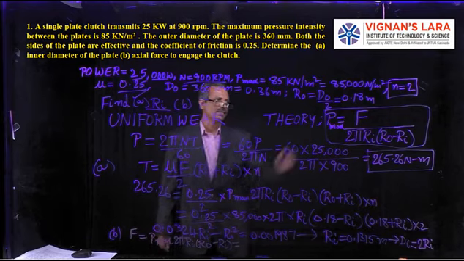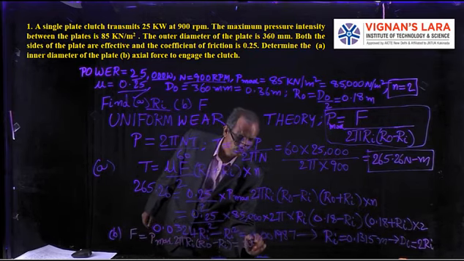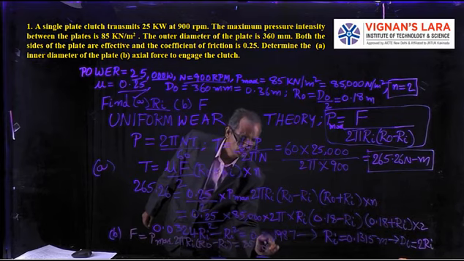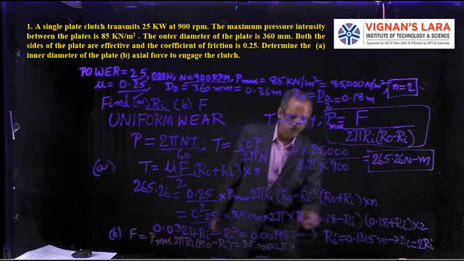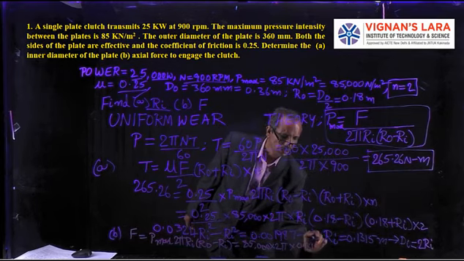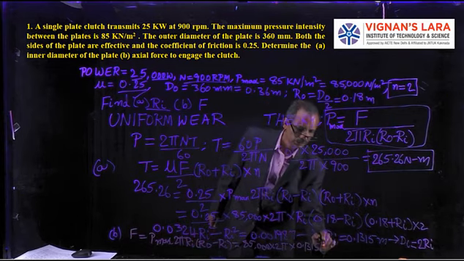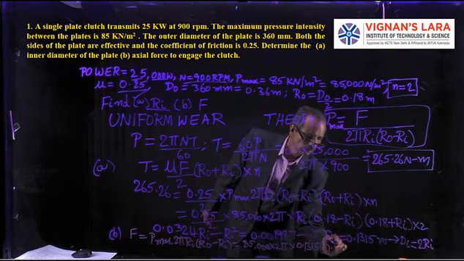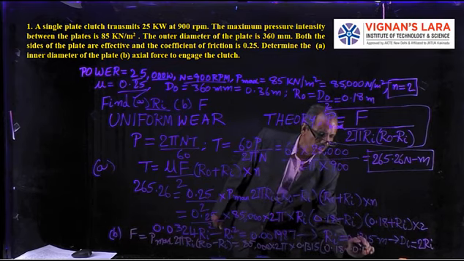So P max is 85,000, Ri we have just calculated as 0.1315, R naught is already given in the problem, so 0.18 minus 0.1315.